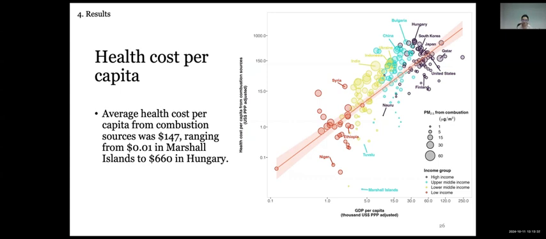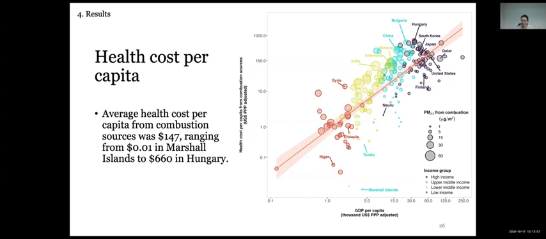On average, the global health cost per capita from combustion sources was $147. And this value varies substantially from 1 cent in Marshall Islands to $660 in Hungary.